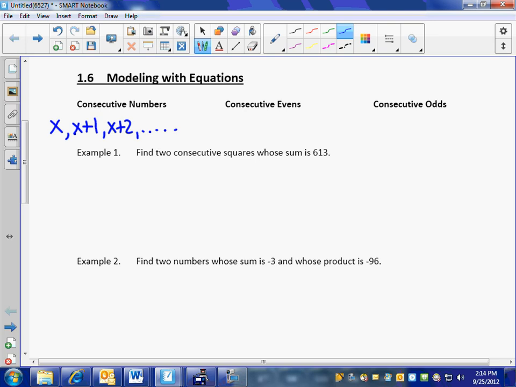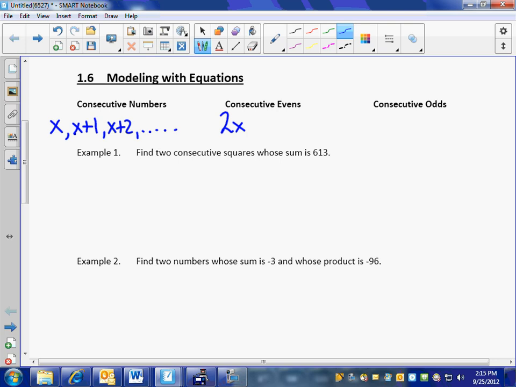Consecutive evens. How do we ensure that a number is even? What could we do to it to make sure it's even? Very good. Except if I have 7 and I divide by 2, I get 3.5, right? So instead of dividing by 2, I could take a number like 7 and multiply it by 2. So I'll take a number and we'll multiply it by 2. 2x.